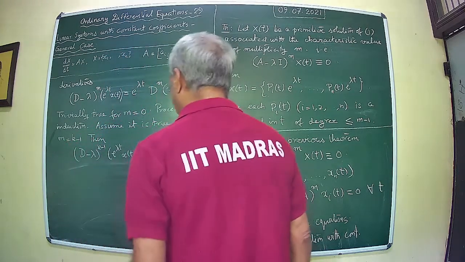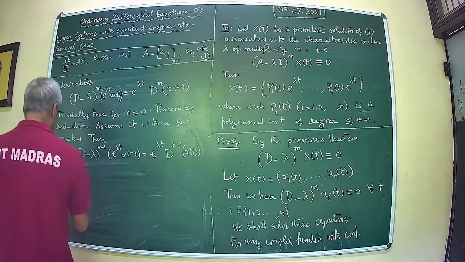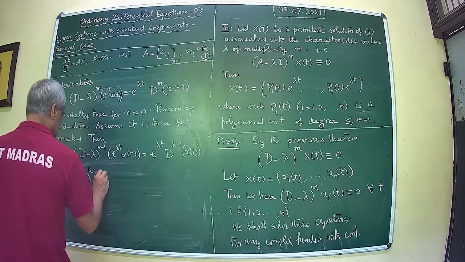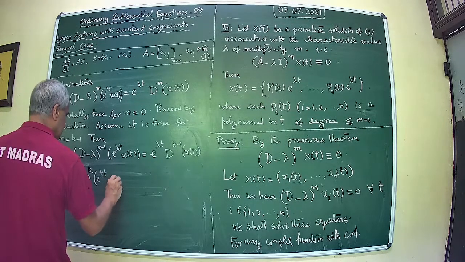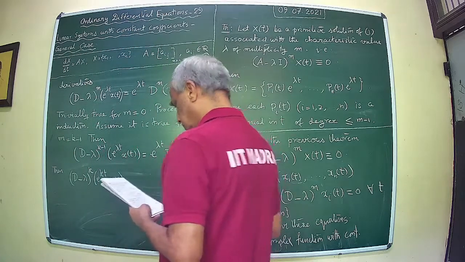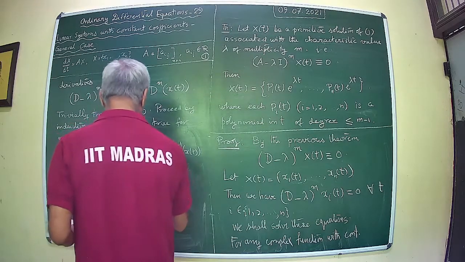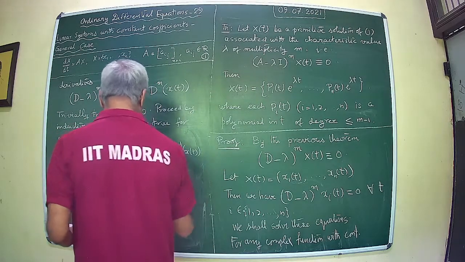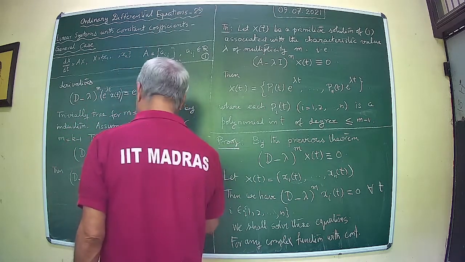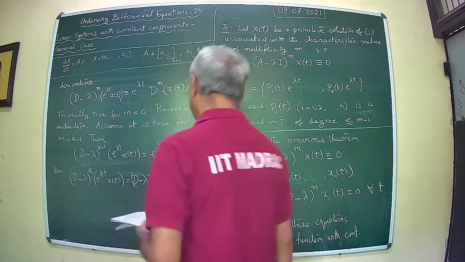Now let us work it out. We will compute this for (D minus lambda) to the power k, this is equal to (D minus lambda) times (D minus lambda) to the power k minus 1 x(t).